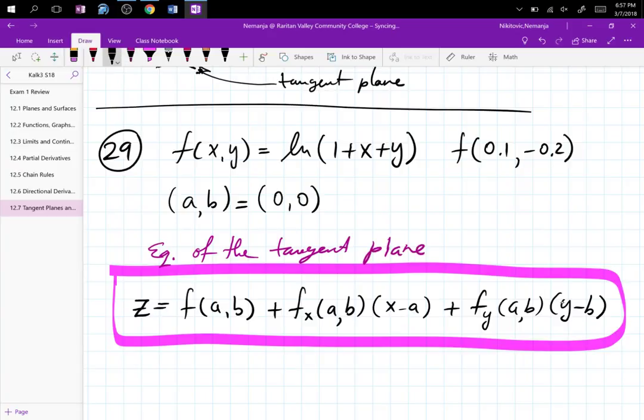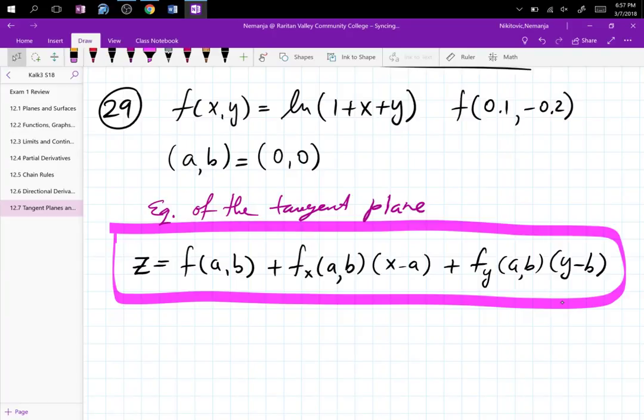So what do I do? Well, I need all of these components, right? So what's the plane? Plane is z equals function computed at a, b, or function computed at 0, 0. That's just ln 1, plus the partial derivative with respect to x.